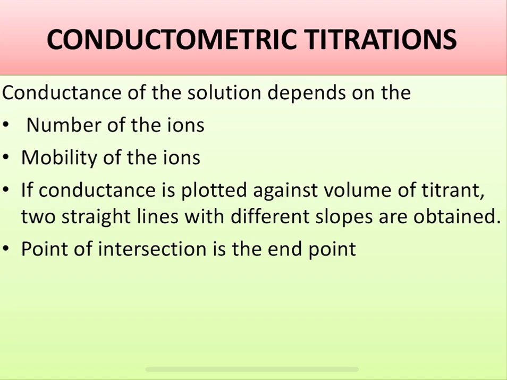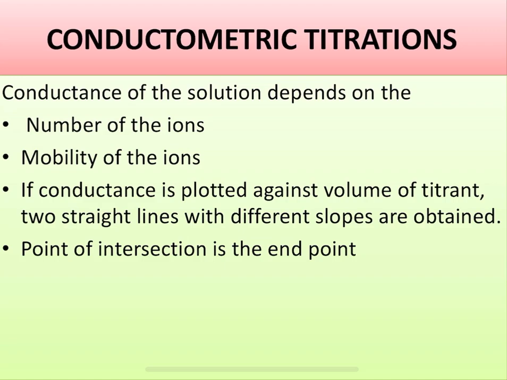During conductometric titration, just like a conventional titration method, a titrant and a titrate will be there. We take the titrate solution in a beaker and measure the conductance of that solution with the help of a conductivity cell.